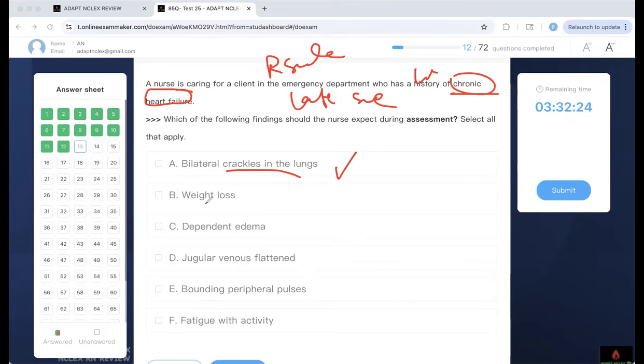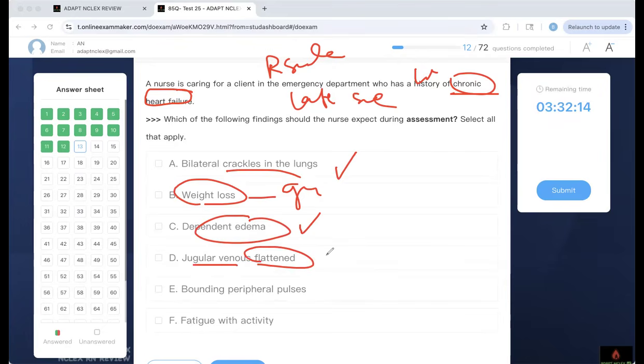Left. Weight loss, you're supposed to have weight gain. Dependent edema is right side. Jugular vein, watch for this, flattening, it is supposed to be distended. Therefore, this is not expected. Peripheral pulses are going to get weak because your cardiac output decreases. Therefore, this is not expected. And it will get activity intolerance.